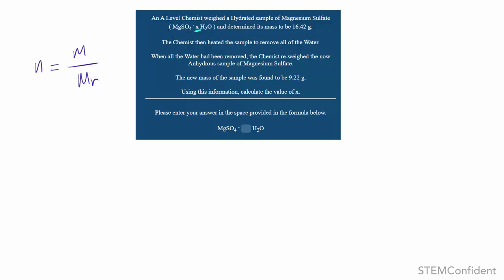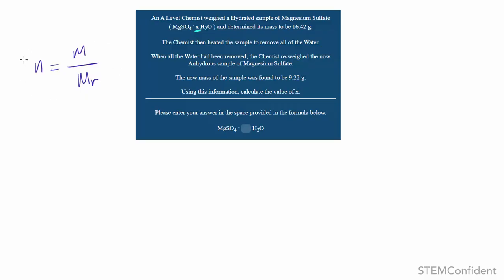So in this particular case here, the anhydrous mass, when it comes to working out the number of moles for magnesium sulfate, is more relevant, right? Because of course the anhydrous mass is the mass when the H2O is not present, right? So okay, in this particular case, you've got 9.22 grams.